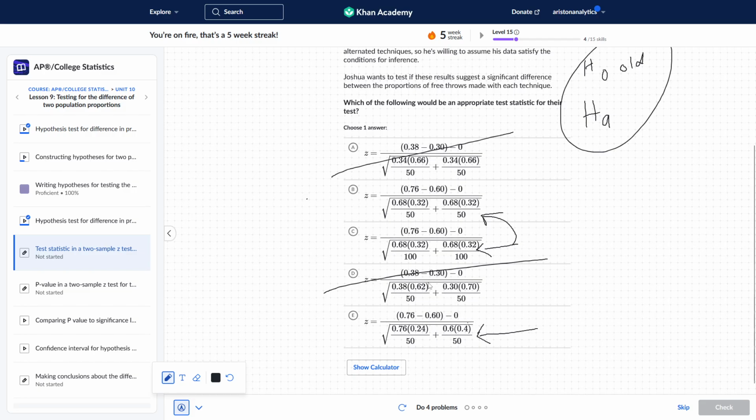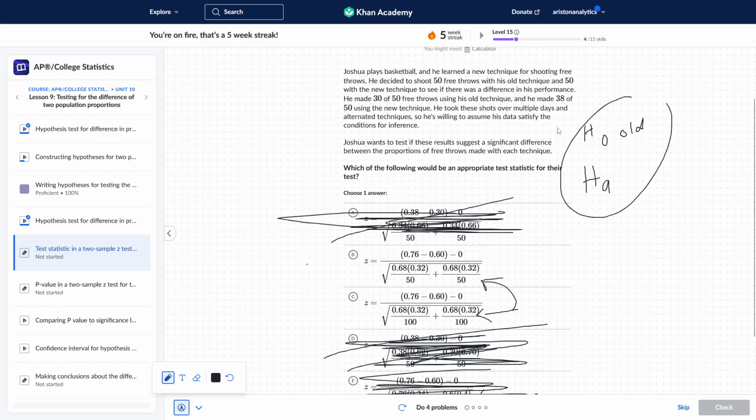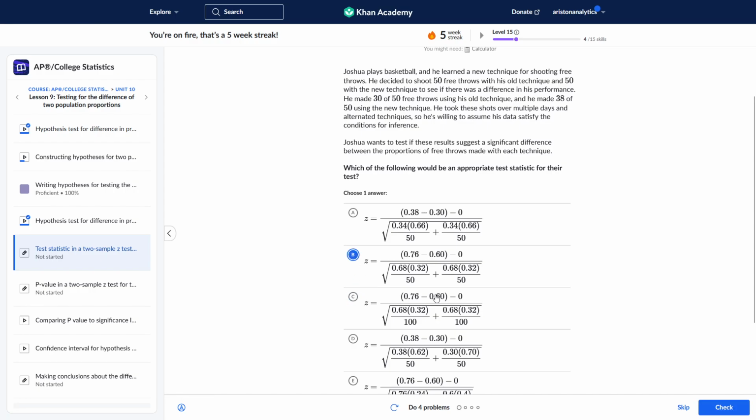The top should be the same. And it's 50 plus 50, so it's supposed to be 50 below each.